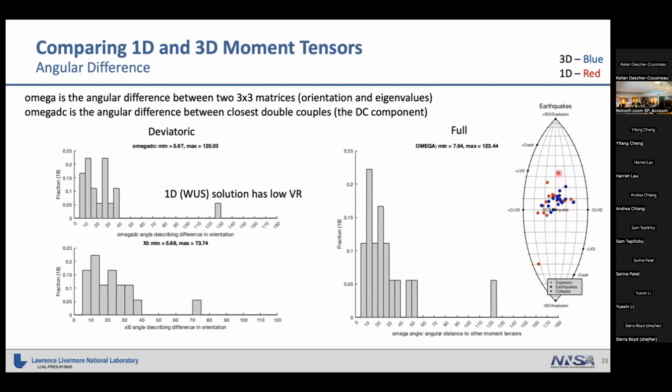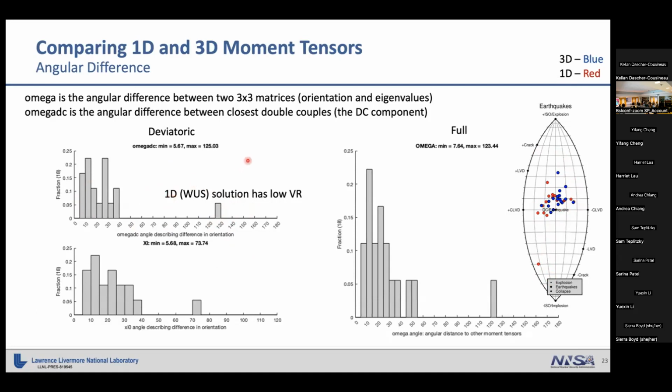You have a couple of events that jump out a little bit, but overall they're a bit closer to the earthquake population. It's a rather small sample size, so there's still quite a bit of scatter. But with the 3D model, you get rid of these events that are really outliers. And here is another way of looking at it more quantitatively.